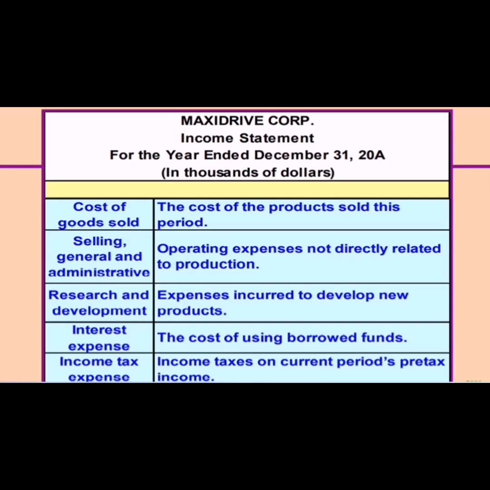A very short detail about the expenses I just shared on the previous slide. The cost of goods sold is the cost which a businessman incurs to produce or develop a thing. That's why it is called the cost of products which are going to be sold. When we sell those products, it becomes cost of goods sold.